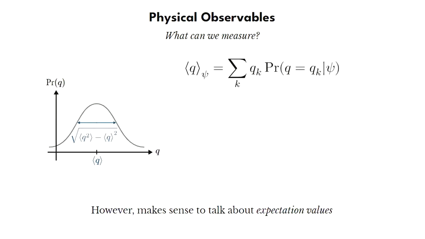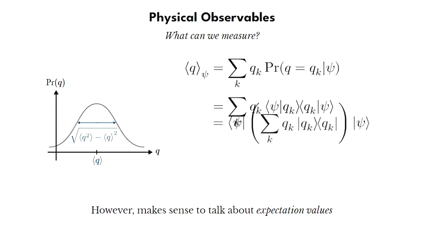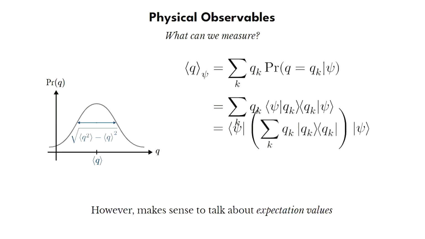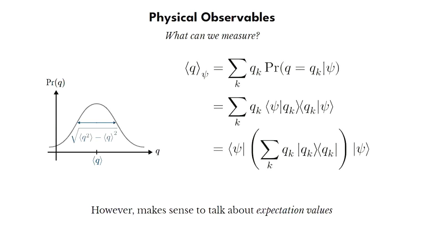And this expectation value can be written in this form. And you might already know this probability, written down in the form of Born's rule, right? And you group the terms which are dependent on k together, and this gives you a matrix.